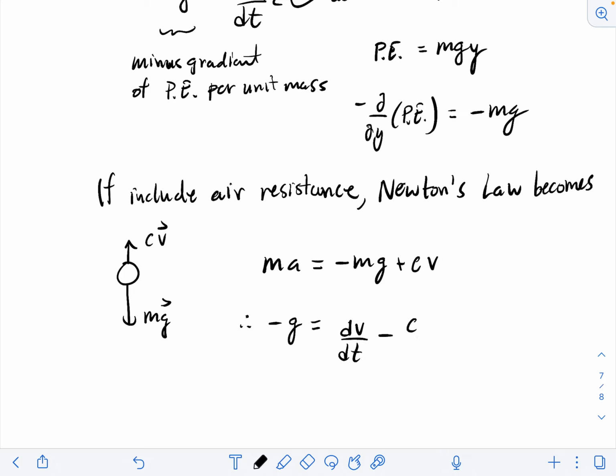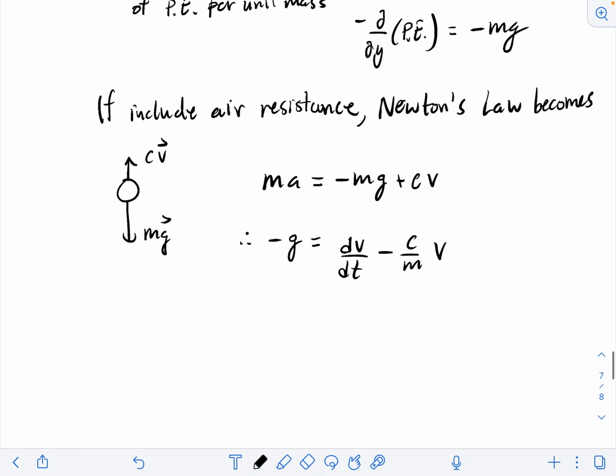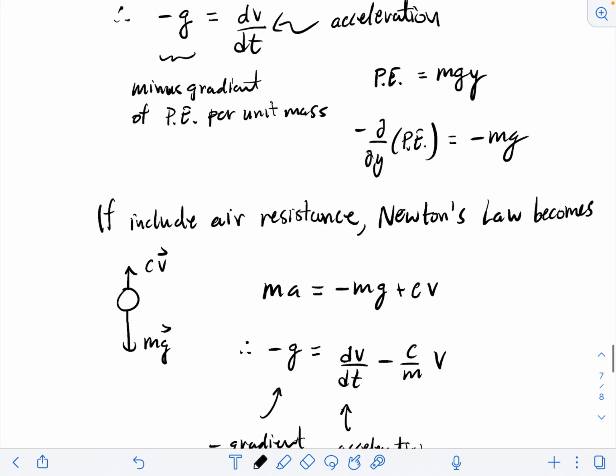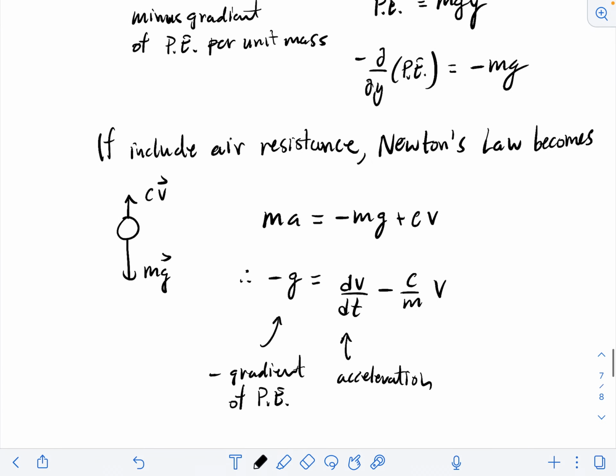So now we have some of the same terms: minus the gradient of the potential energy and the acceleration. Those two terms we had before, but now there's an additional term, and this term represents dissipation. Some of the mechanical energy is converted into heat.